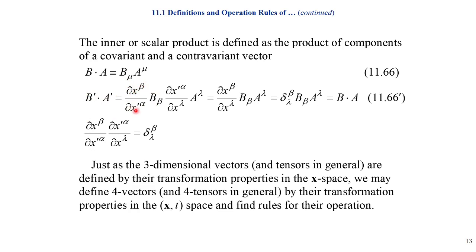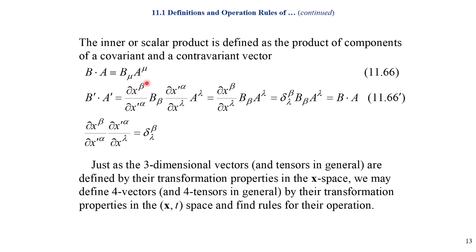Remember, we have the Einstein summation notation. After summing over beta, we get x prime alpha. And after summing over lambda, we get a primed alpha. So we have b primed alpha and a primed alpha. That's why we can express it in this form.